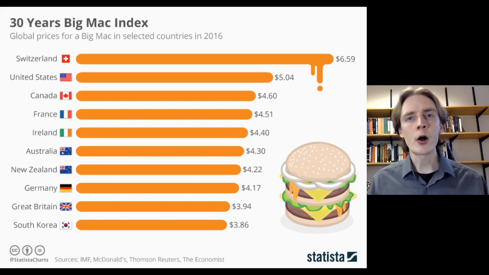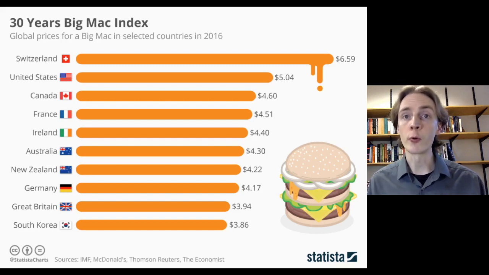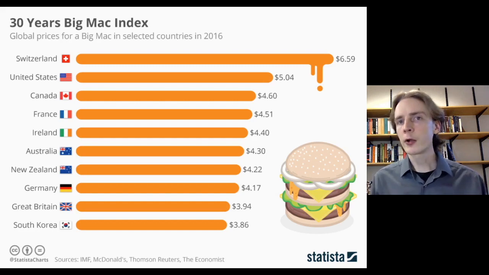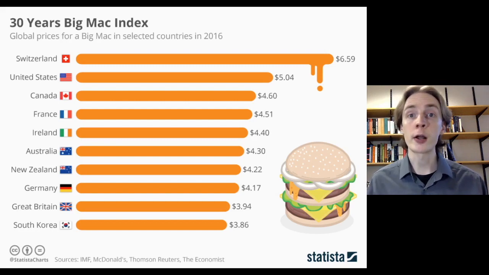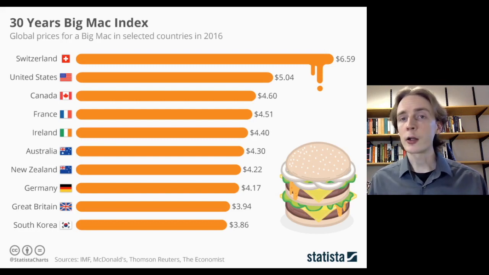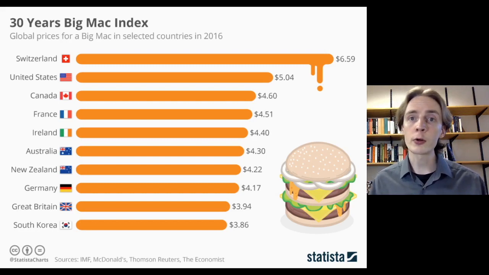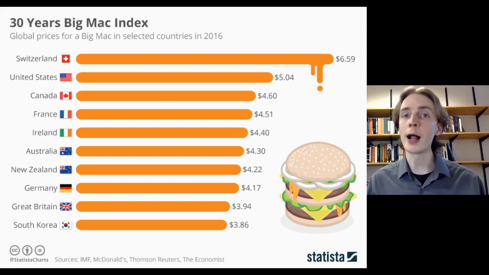But it's going to be a lot harder for them to sell goods to other countries because the prices are so high in relation to the exchange rate. And the opposite is going to be true for South Korea. If their currency is undervalued, it's going to be really hard for them to import from other countries because their money's not going to go very far in other countries. But other countries' money is going to go very far in South Korea. And so Korean exporters are going to do really well.